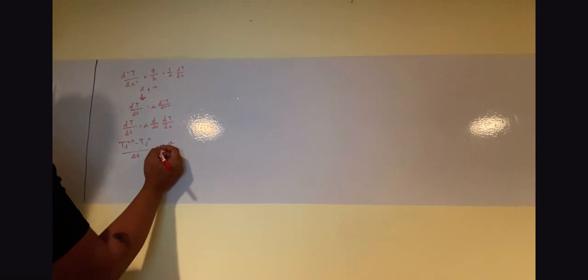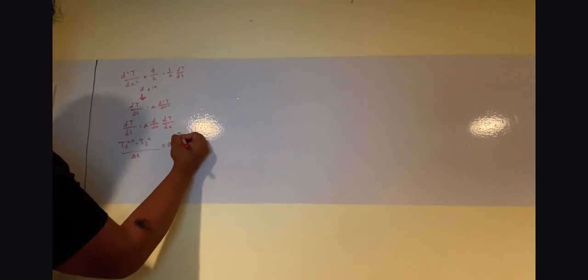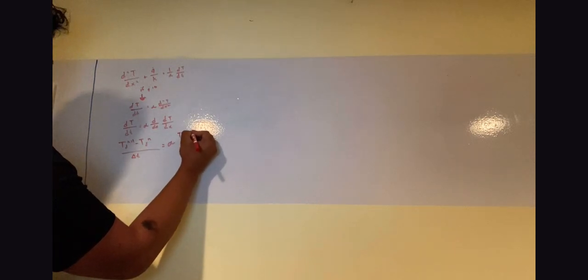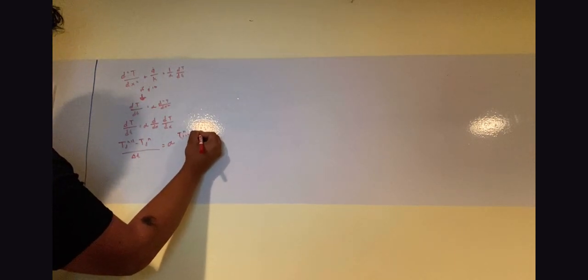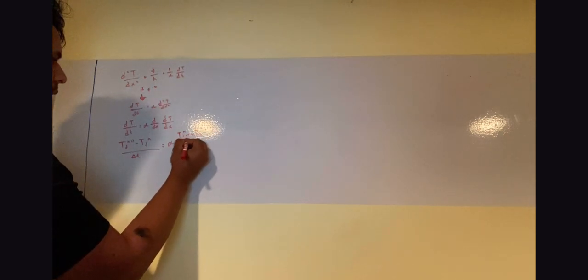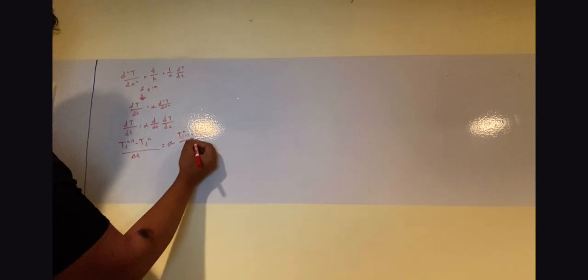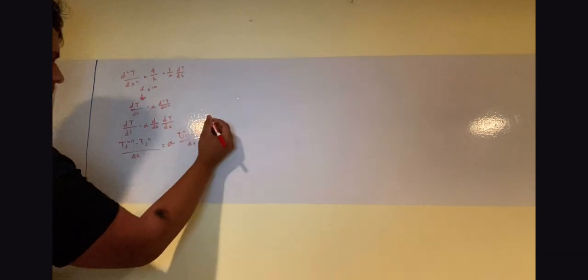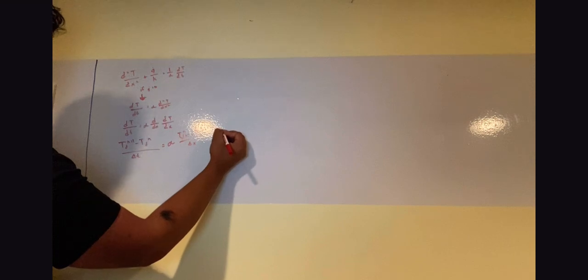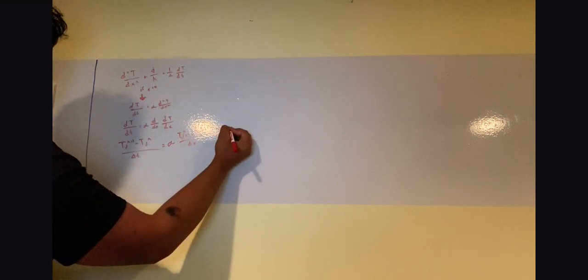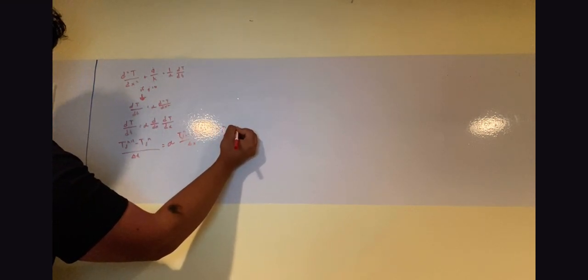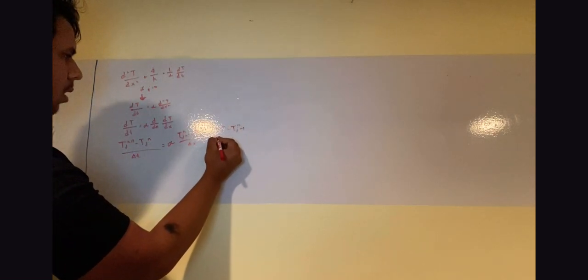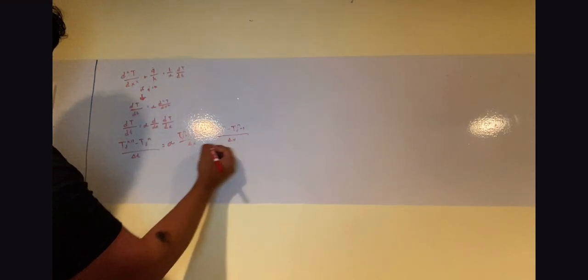And now for d over dx, we're going to have Tj plus 1 n minus Tj n over change in x, minus Tj n minus Tj minus 1 n all over change in x.